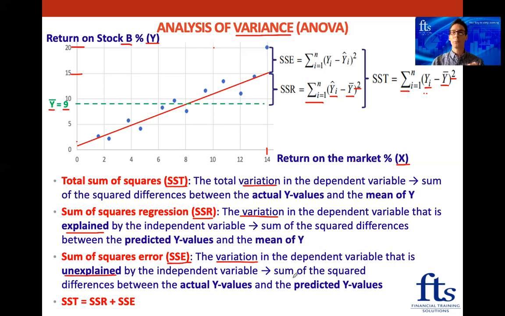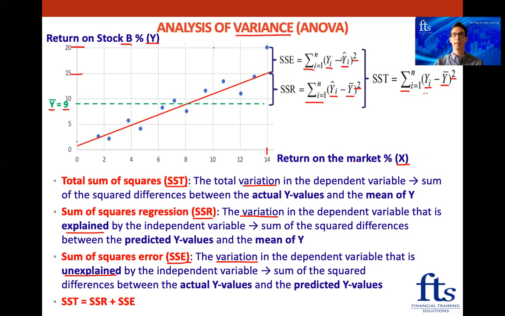We know this. Let's just do it in the same way again. It is the sum of the squared differences between the actual y values, so yi, those are our actual y values, and the predicted y values. So y with a hat on, those are the predicted y values.